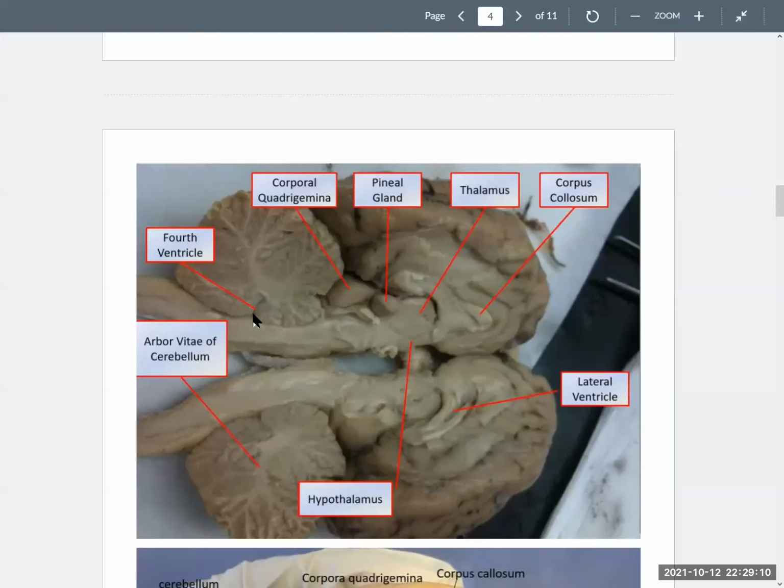This little slit is more important than it looks. It's the fourth ventricle. It is interconnected with the second and third ventricles, which are not shown, but it's also interconnected with the lateral ventricles.